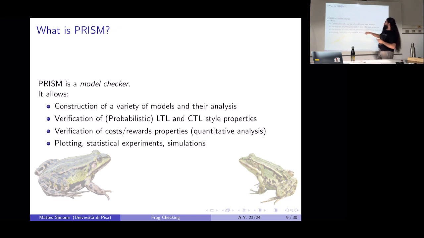It allows us to use its reward system to get quantitative results on the properties. It also has nice features like plotting, simulations of the paths the model can take, and statistical experiments that we will need to do statistical model checking, and so on.